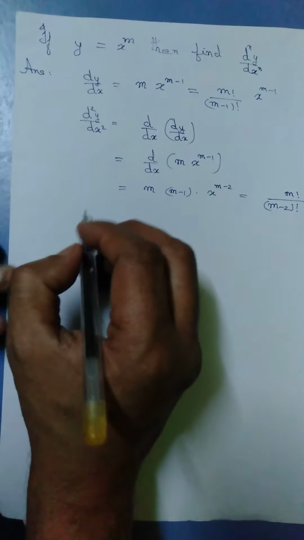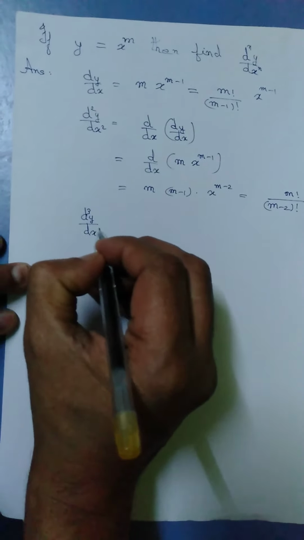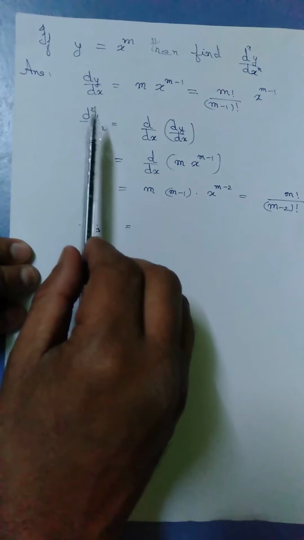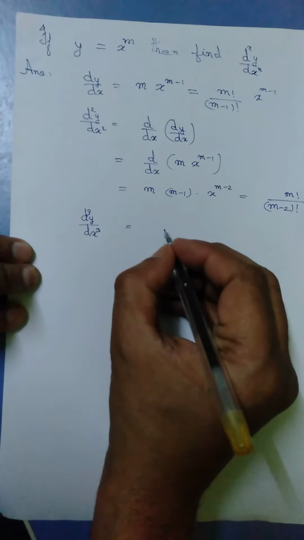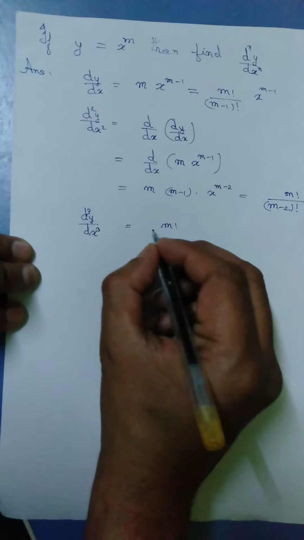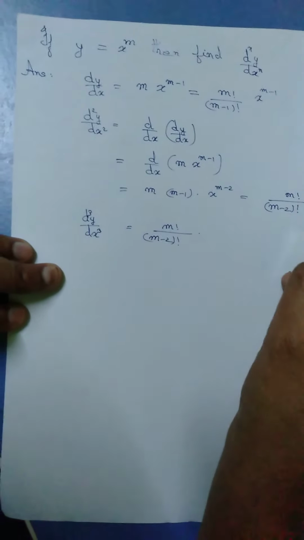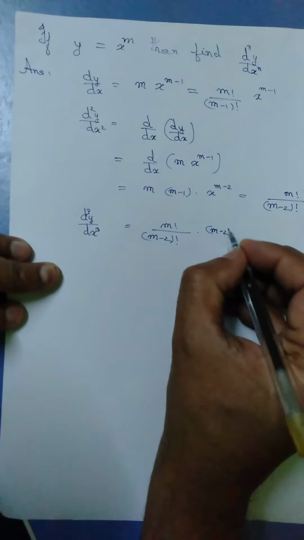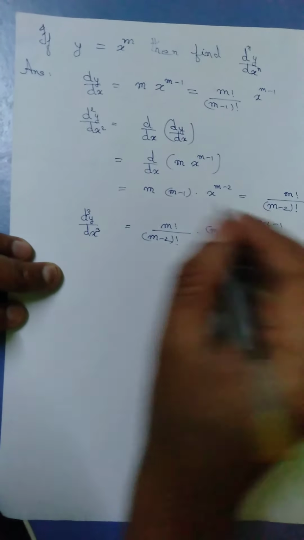What about the third derivative, d3y by dx cube? If you differentiate d2y by dx square, then you get d3y by dx cube. So you just differentiate it. The constant stays as it is, you don't have to differentiate the constant. And then x to the power m minus 2, if you differentiate it, you'll get m minus 2 into x to the power m minus 2 minus 1.